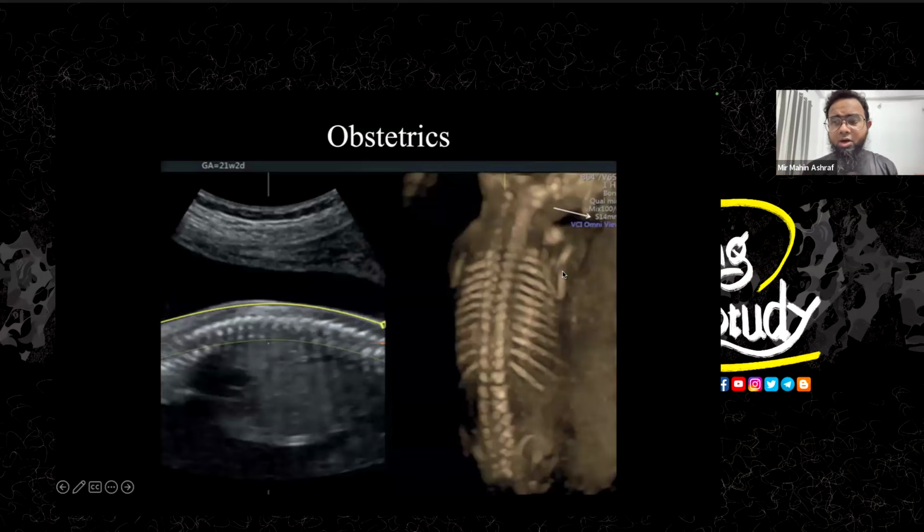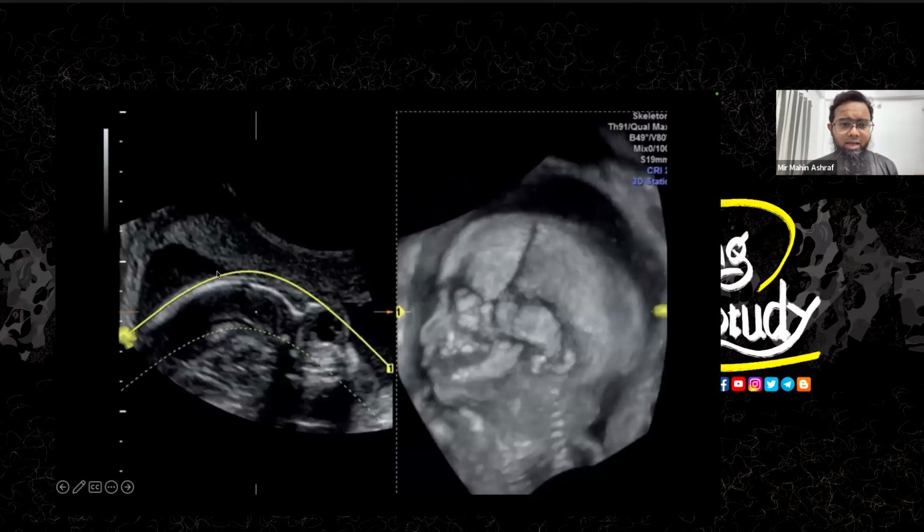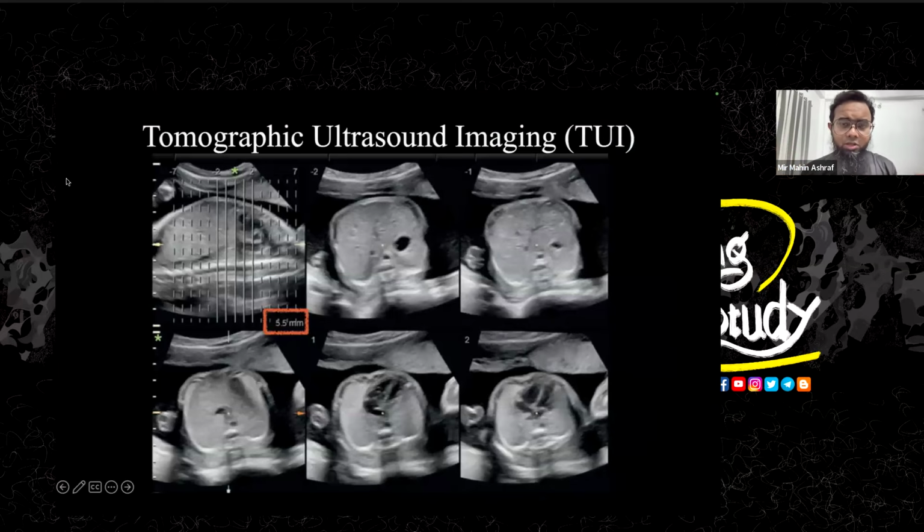Okay, so 3D is used in obstetrics quite a lot. We can check with the bony setting, the bony lesions. You can even change with the multi-planar setting, this type of view, to assess the fetal bony structures. We have the tomographic ultrasound imaging mode, TUI, with which we can take the image like a CT scan, or we take this area view, and then we choose the area we want to see in different sections.